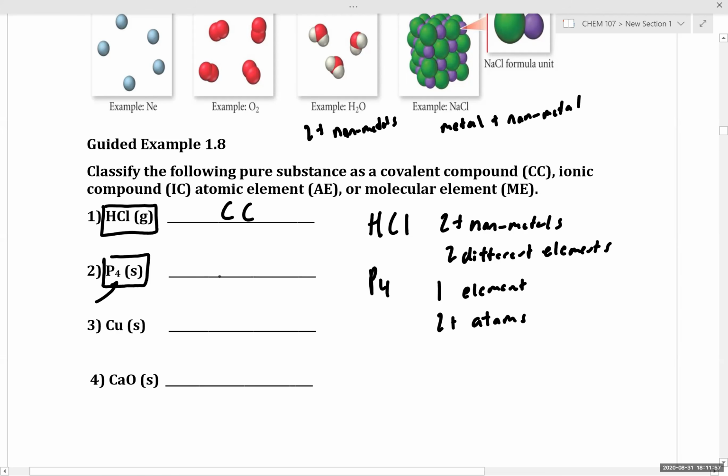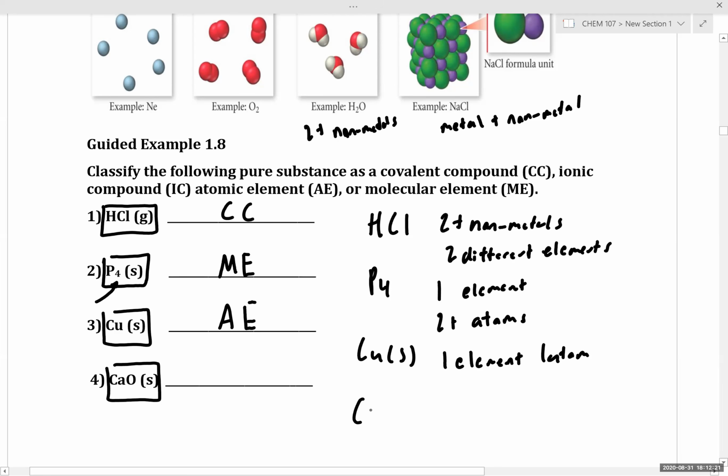That means we're dealing with a molecular element. Looking at copper, solid copper, we have one element and one atom in our formula. So as a result, we'd call this an atomic element.